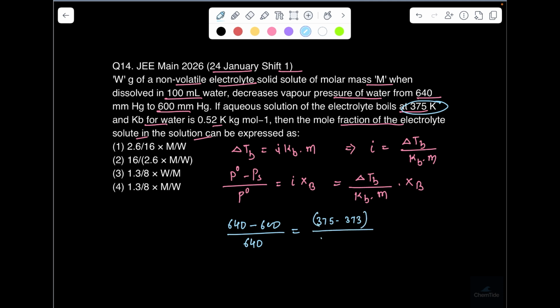Kb value is also given 0.52. Molality would be W by molar mass, so 100 ml would be 100 gram into 10 to the power minus 3, and the mole fraction of B. On calculation, the Xb value you will get is 3.8 by 8 into W by M. That should be the answer. So your answer matches option 3.